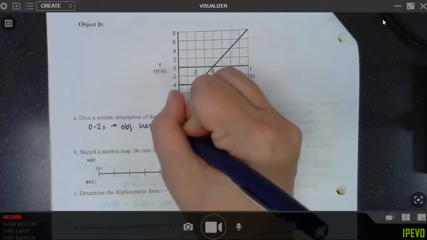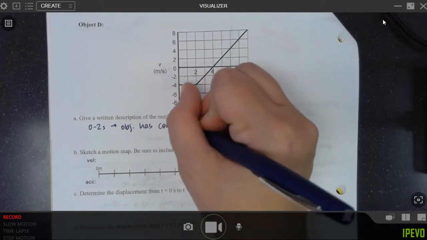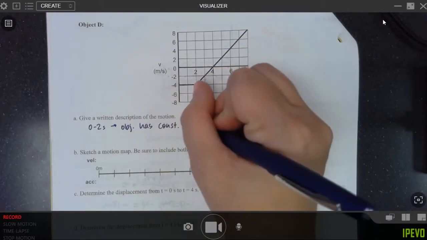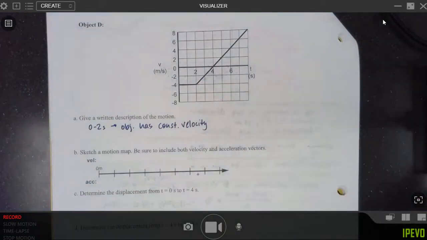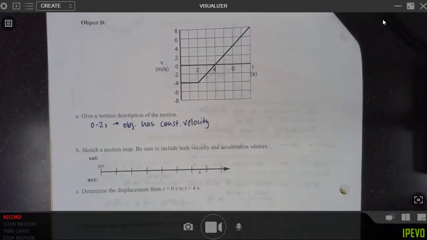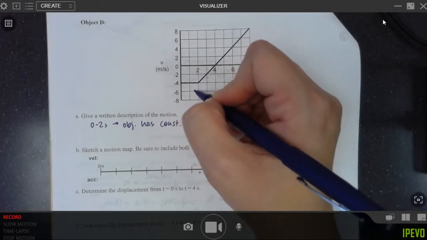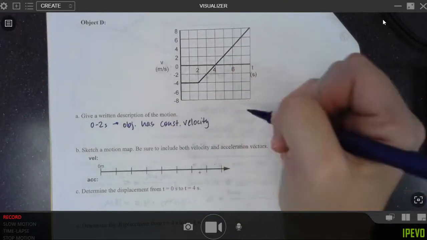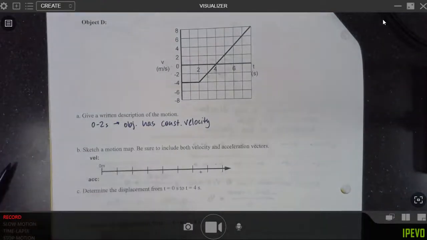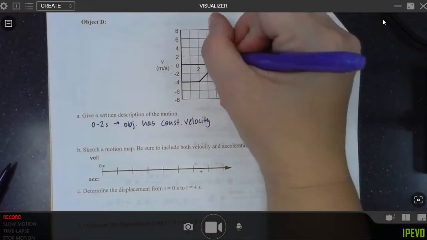It's kind of tricky to go from looking mostly at position versus time graphs to velocity versus time graphs, because the common mistake would be to look at this and say that our object isn't moving. But that's not what this says. What it says is that our object has a constant velocity. The place where our object isn't moving is here.